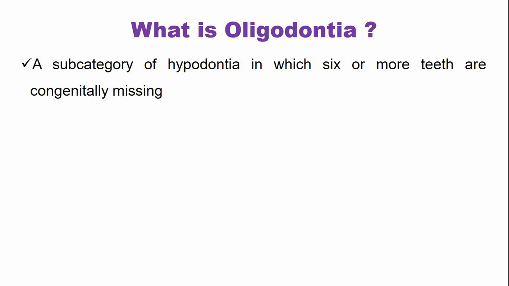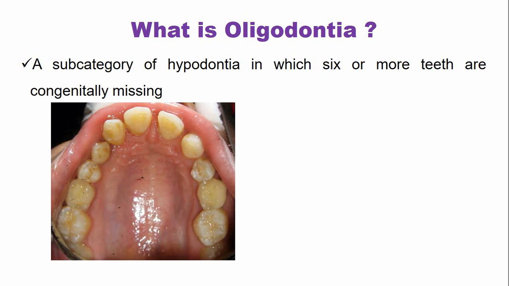For example, this is the picture of the maxillary dental arch. In this picture, these are the maxillary central incisors, and this is the canine, and this is the canine. The lateral incisors are missing. This is the retained deciduous canine, and this is the maxillary first premolar.